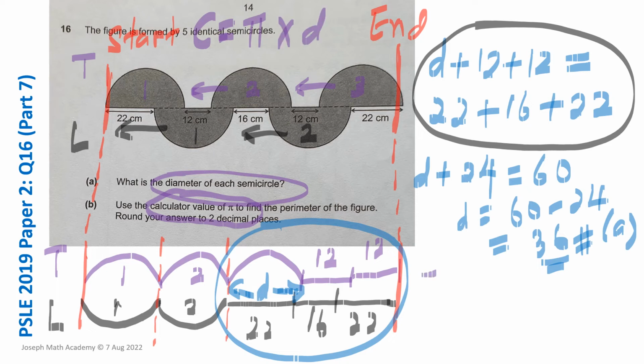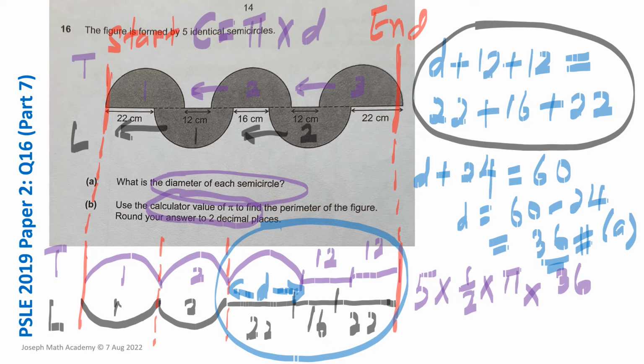Since I have 5 semicircles, 5 multiplied by half times pi times d. So 5 times half times pi times 36 would be my total circumference of the 5 semicircles. And don't forget, we need to add up all the straight lines.